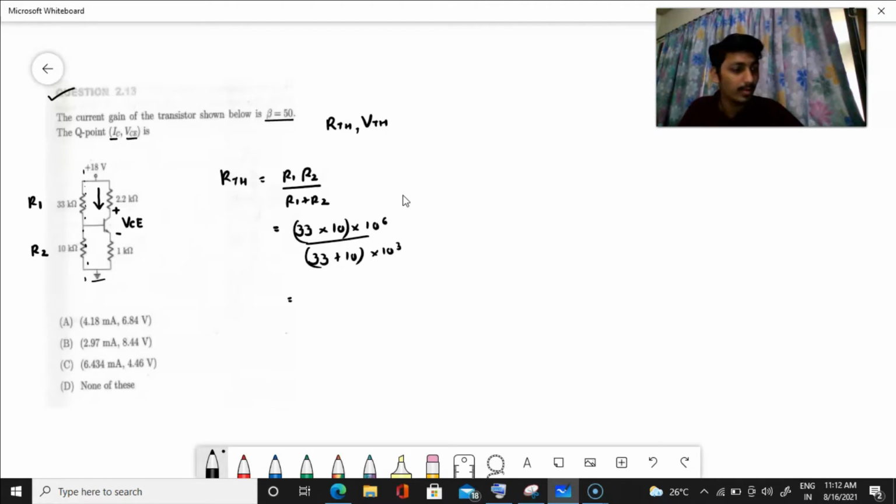It comes out to be 7.674 kilo ohm. We have found the RTH.